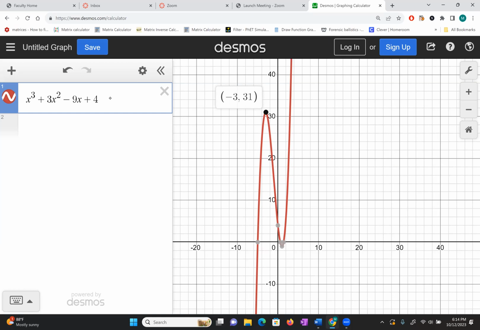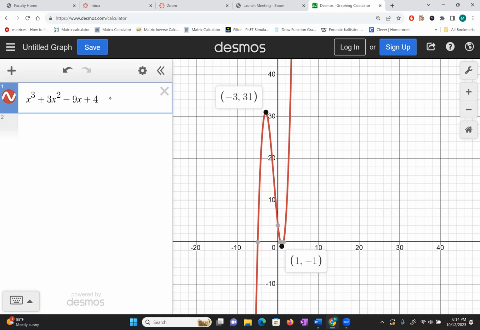And then from -3 to +1, what's happening? It's going down, right? Left to right it's going down from the two black dots, -3 on the domain and +1 on your domain. When you look at that graph right there, you can see it's decreasing. And then on the last half of the graph, from 1 to positive infinity, you can notice it's increasing.